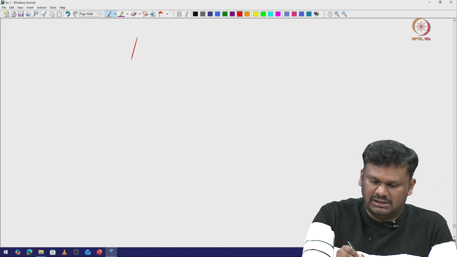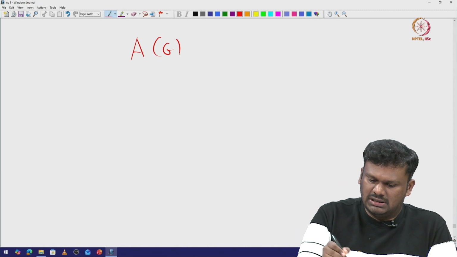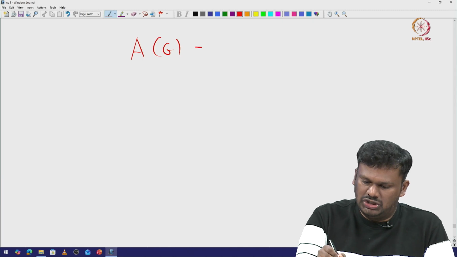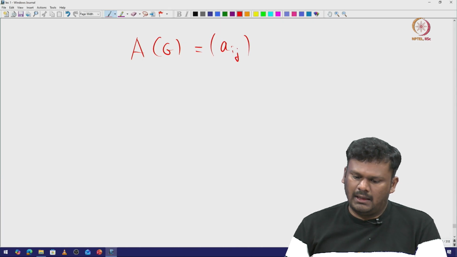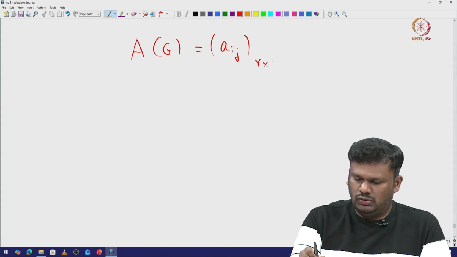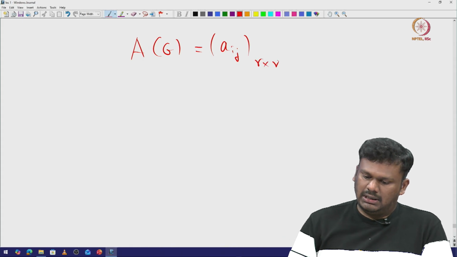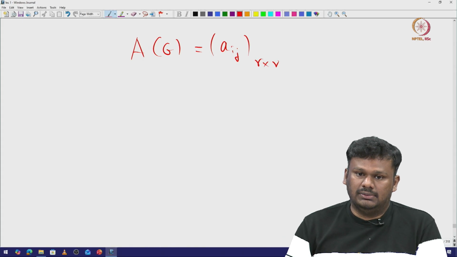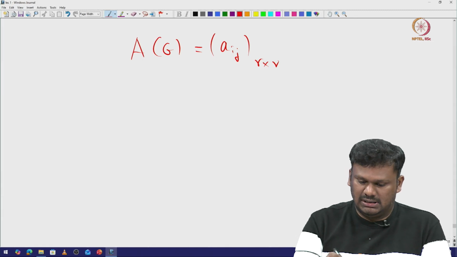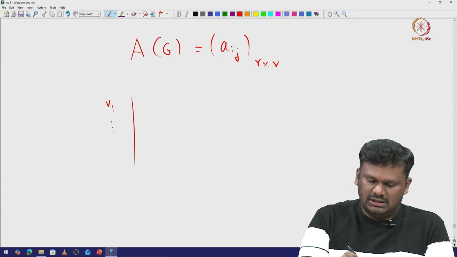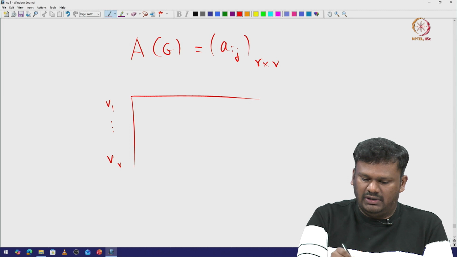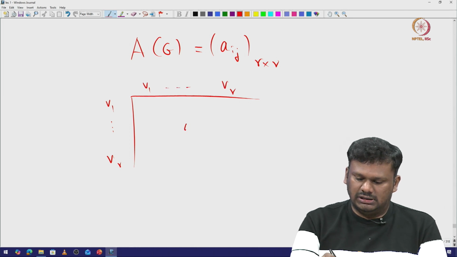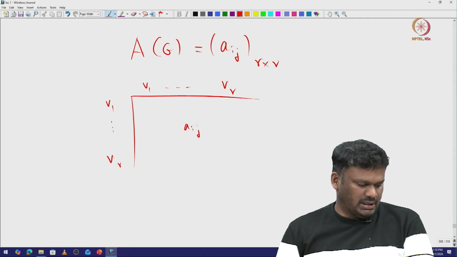You have this adjacency matrix, let us say denoted by A G, and the entries are given by a ij. This is of size nu by nu, where both rows and columns are indexed by vertices. You have v1 etc. v nu, and then v1 etc. v nu. This is where the a ij entries are recorded.